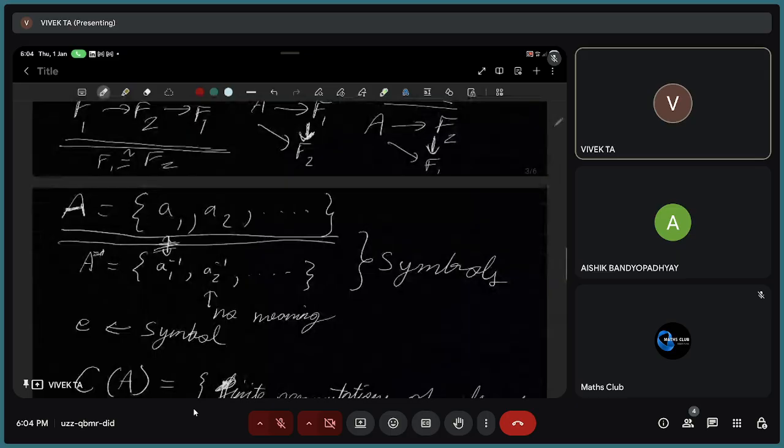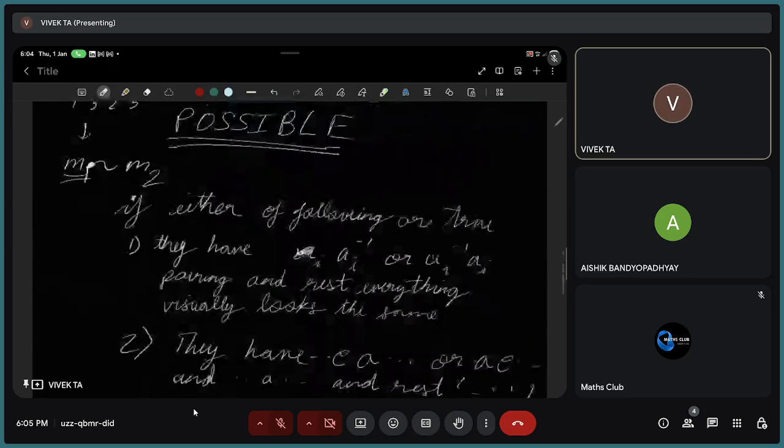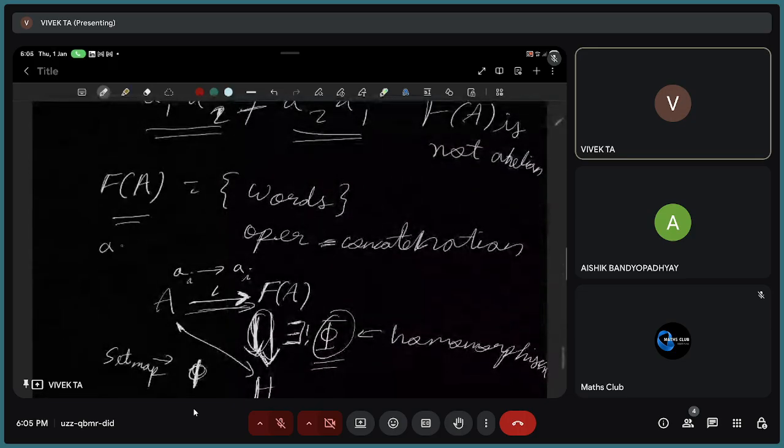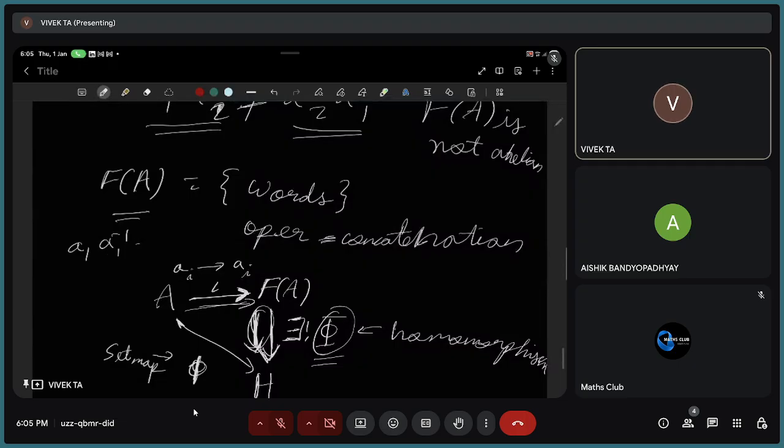There exists no information how A inverse is, or it's nonsensical to even think about A inverse when we are here at the level of A. Only after we define what a free group is, we have a notion of what A inverse actually is. It is just another symbol such that A1 inverse gives you, that's it.